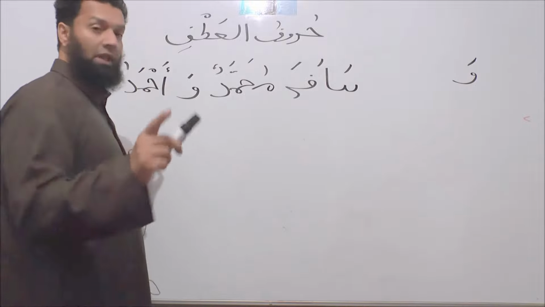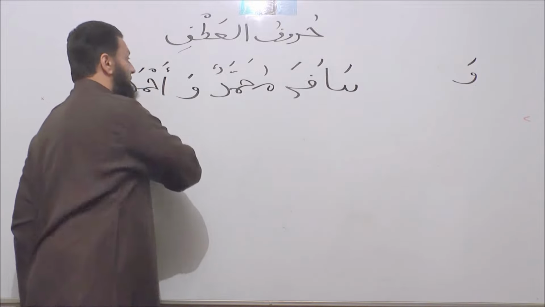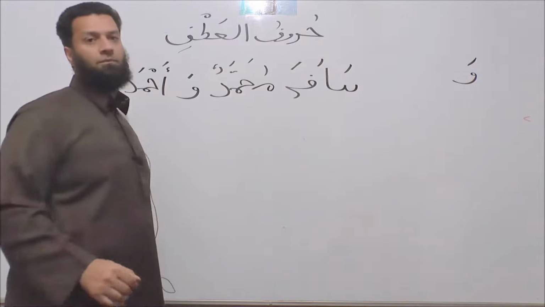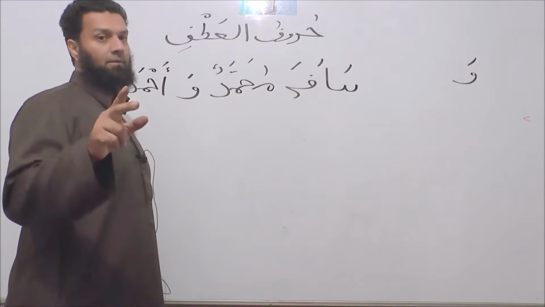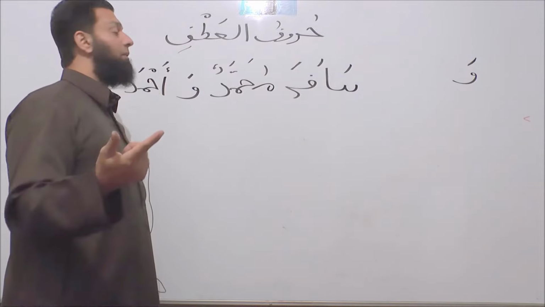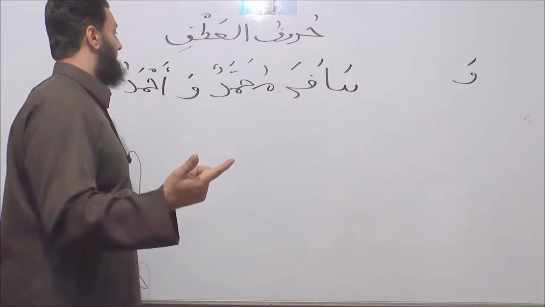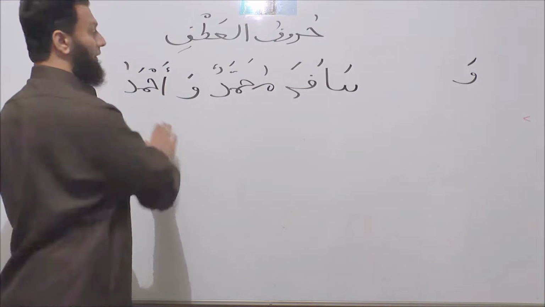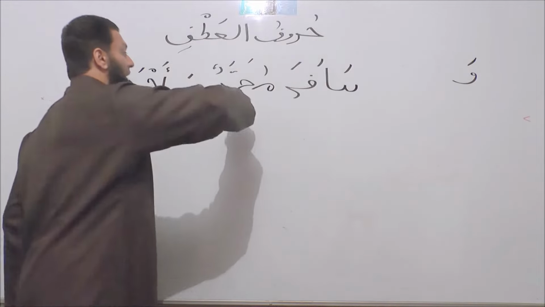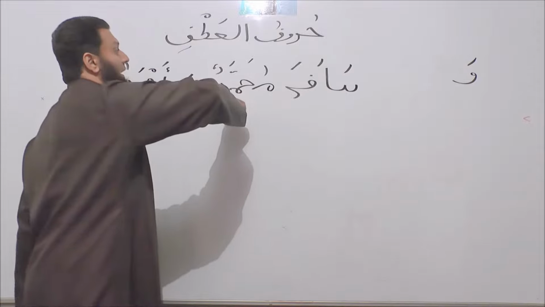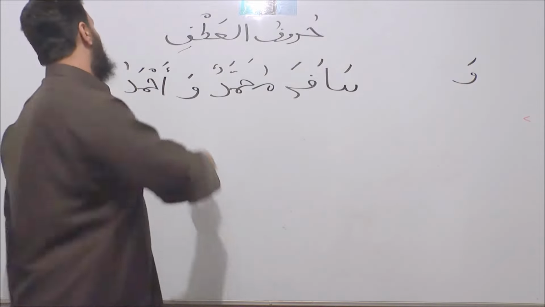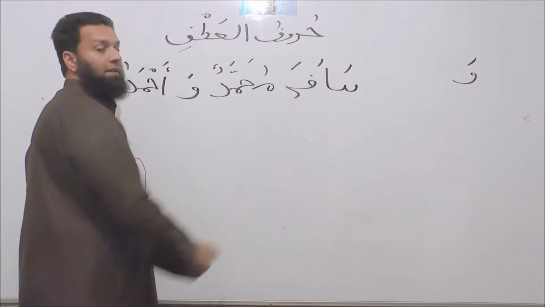And its function is to connect Ahmed to Muhammad in two matters. Al-hukmu wal-i'rabu. Meaning, i'rab, the first one. Whatever i'rab Muhammad is, then Ahmed joins it.